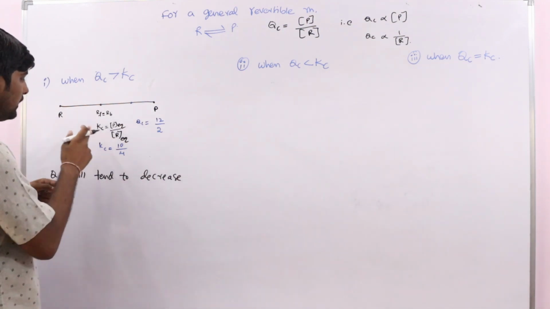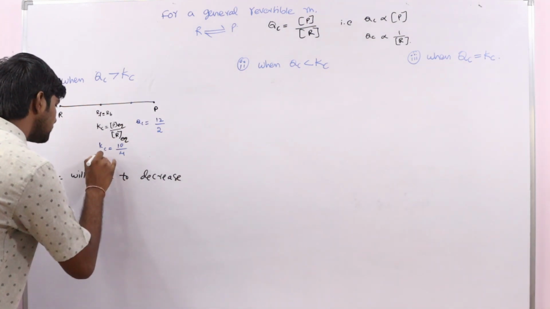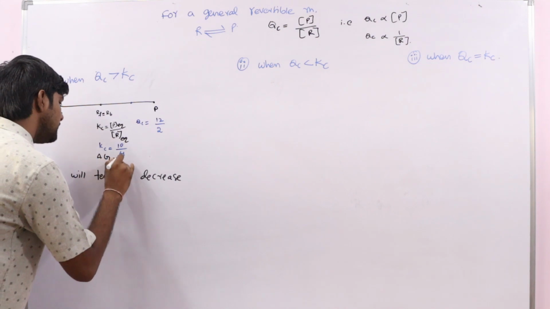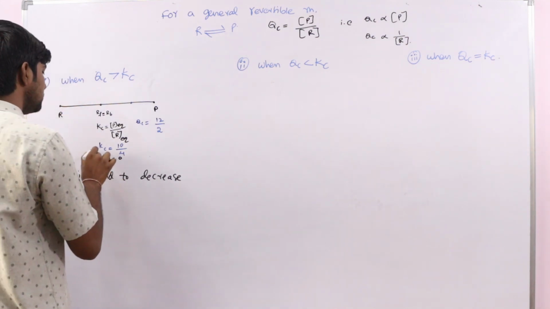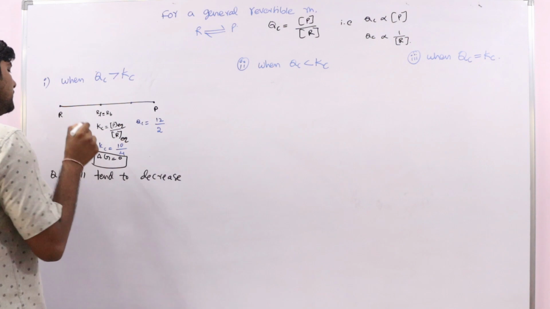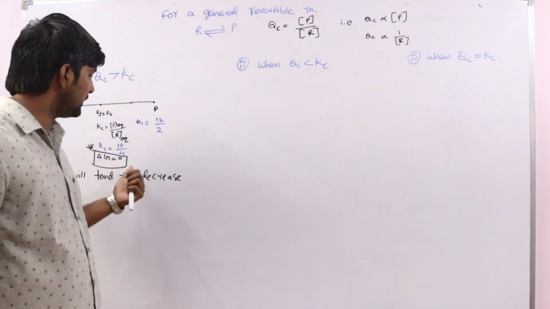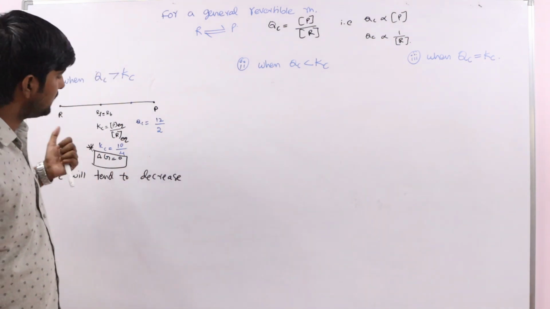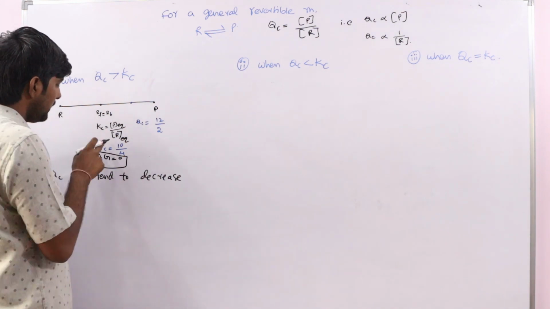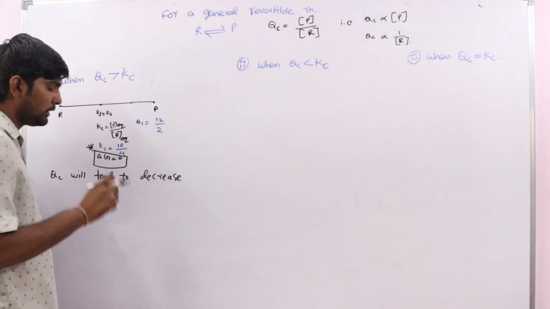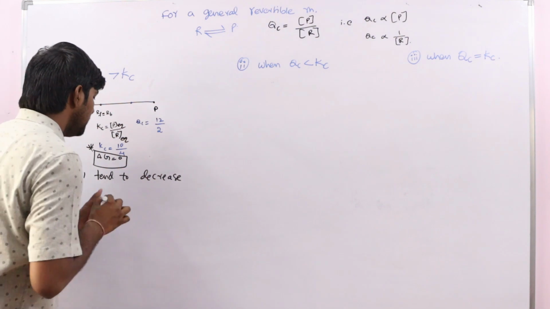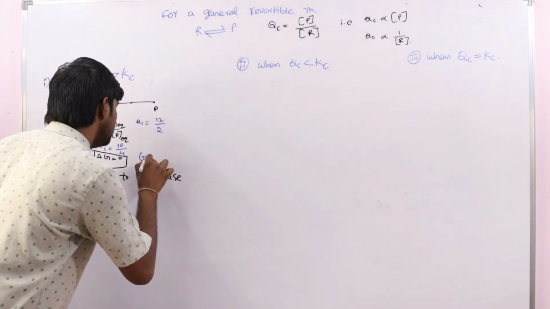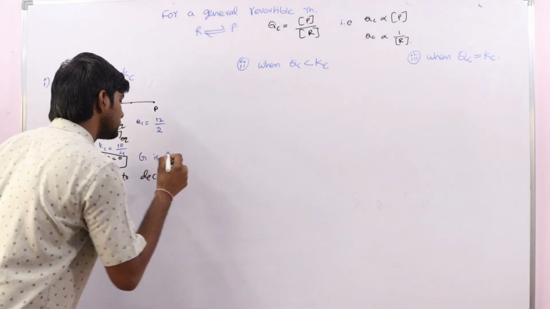At equilibrium, delta G is equal to 0. Very, very important condition; we'll discuss again in thermodynamics and in this chapter also. At equilibrium delta G equals 0 and Gibbs energy G is minimum.